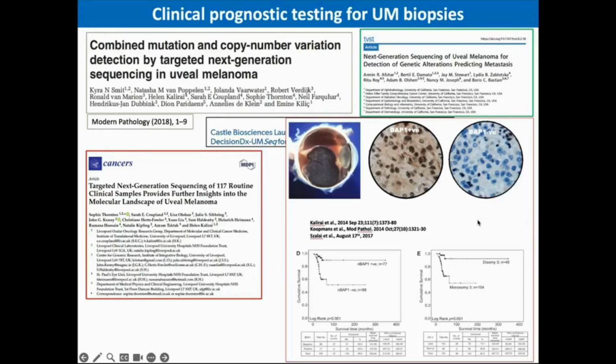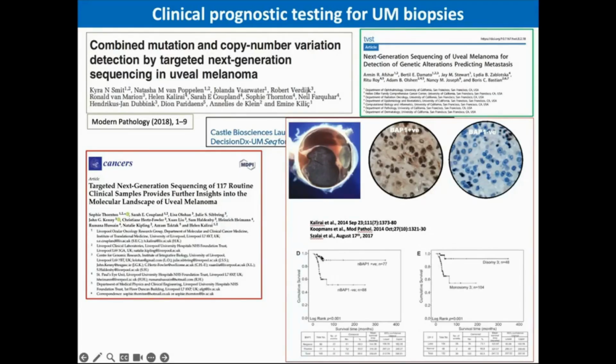However, it's important to note that there is a surrogate marker for the BAP1 gene in the form of immunohistochemistry. And if you have presence of BAP1 expression in the uveal melanoma cells, this usually means that the BAP1 gene is intact. Whereas if you have loss of expression, then this is an indication that the BAP1 gene is mutant.